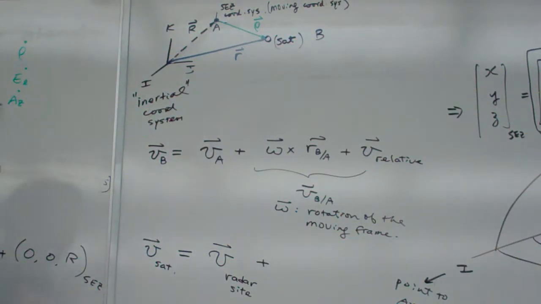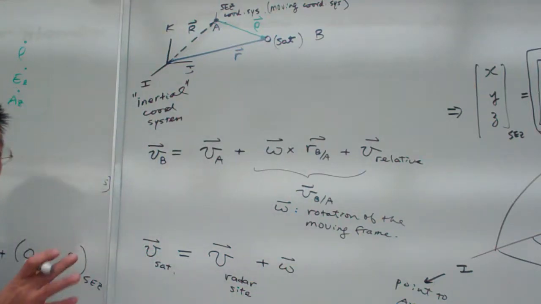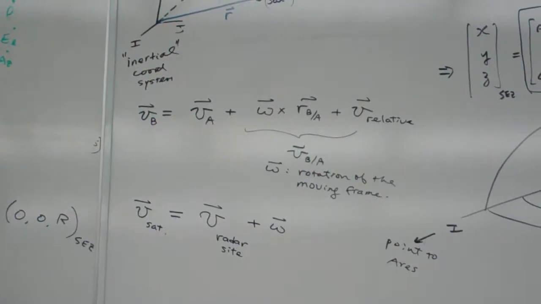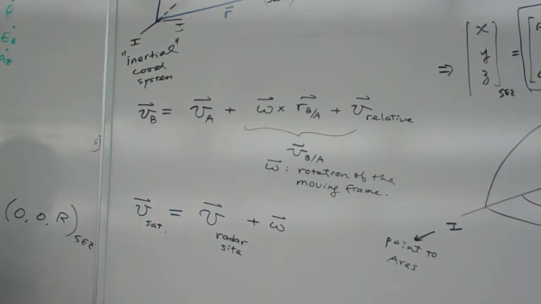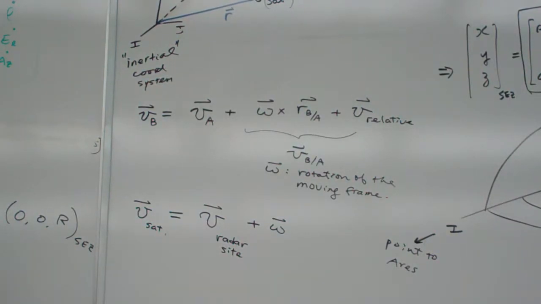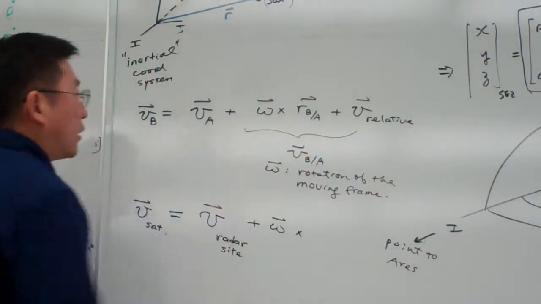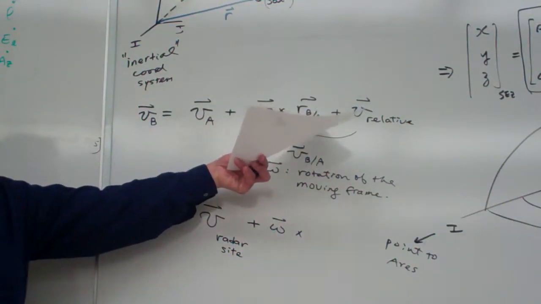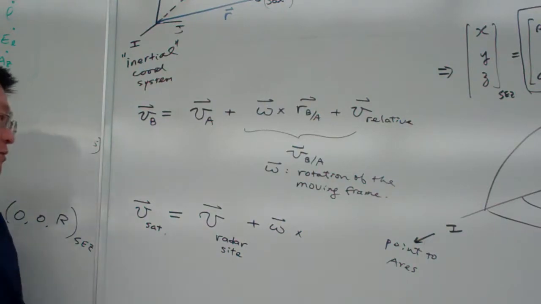And omega is the rotation of the moving frame, which means the rotation of the radar site. What drives the radar site to rotate? The radar is fixed on the surface of the Earth, so omega here is the rotation of the Earth. Got it? Then multiply with R of B relative to A, the distance measured from the satellite with respect to the radar site. Basically that is our rho.